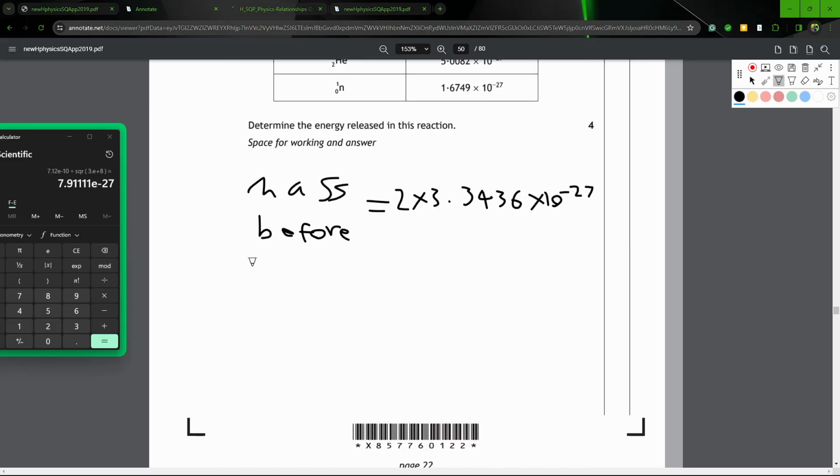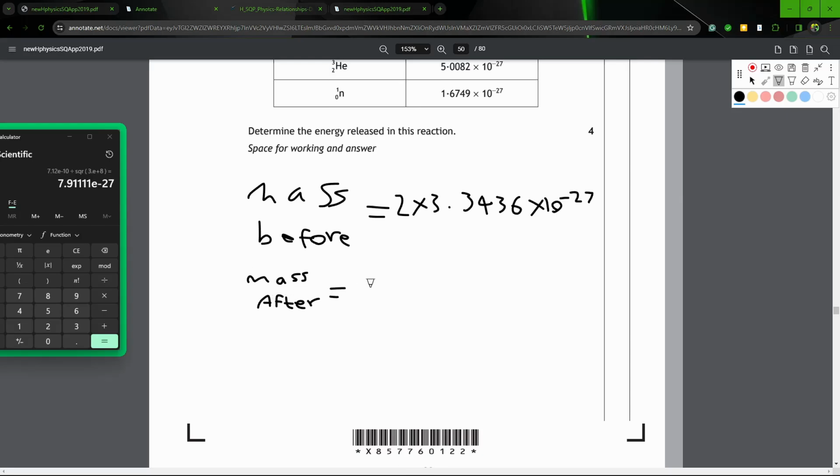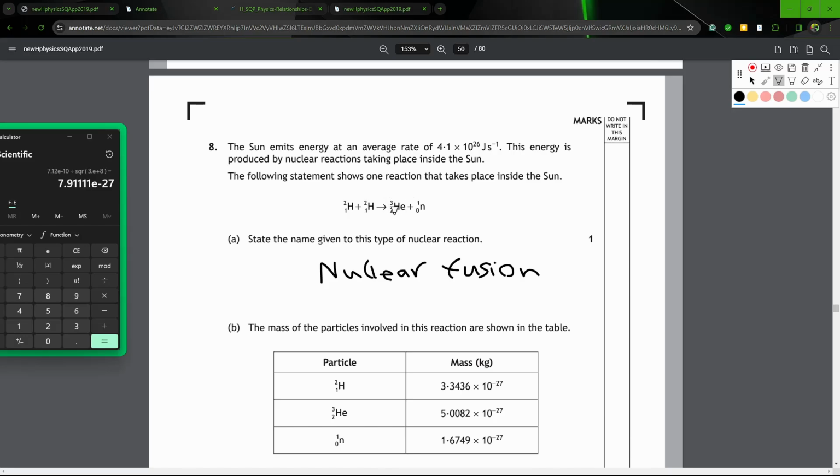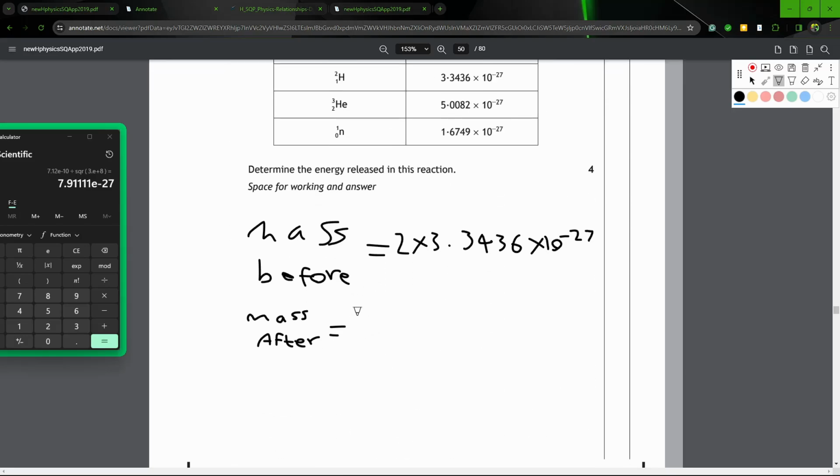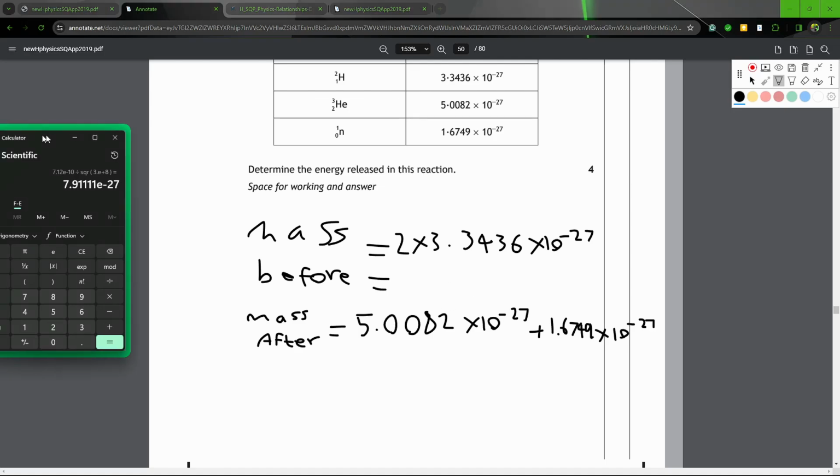Right, and then mass after equals a helium particle and a neutron, so I'm going to write that down. Alright, and we'll actually run the numbers for this.